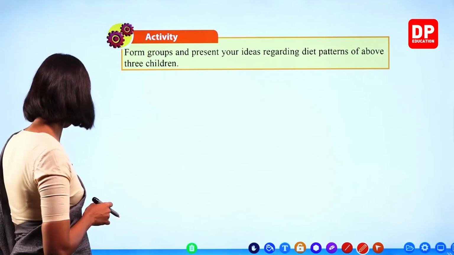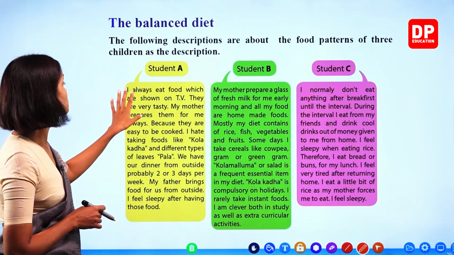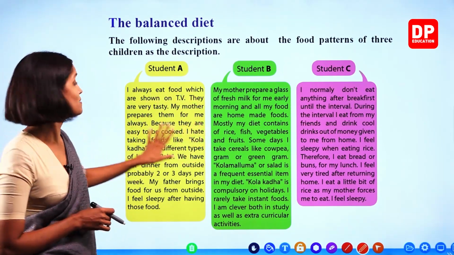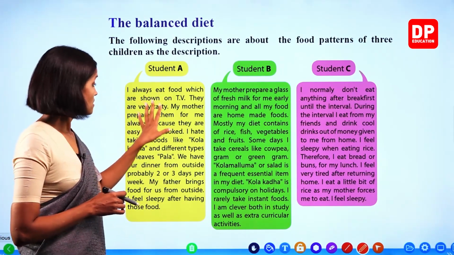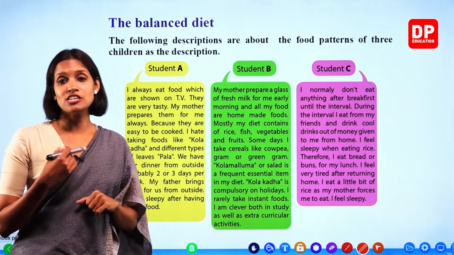Right? So when we consider the first child, I always eat food which is shown on TV. They are very tasty. And mother also prepares them because she can easily cook them. So this must be talking about instant food.